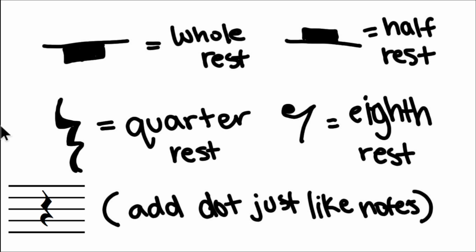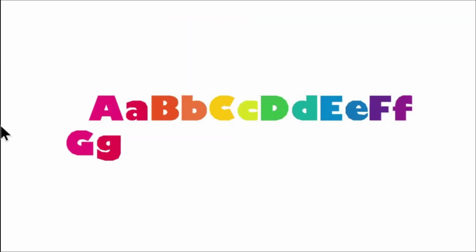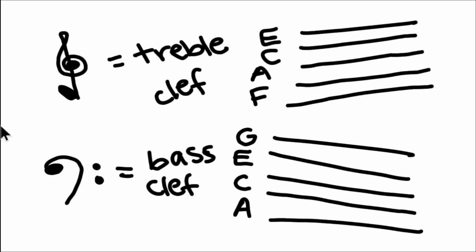So music notation indicates pitches using the alphabet. No, not the entire alphabet, just this. We only know A, B, C, D, E, F, G in the music world. Now, to figure out how to read these notes on the staff, which is made up of 5 lines, we need to know what clef we're in. So clefs basically just indicate how high or low generally your instrument's going to be.